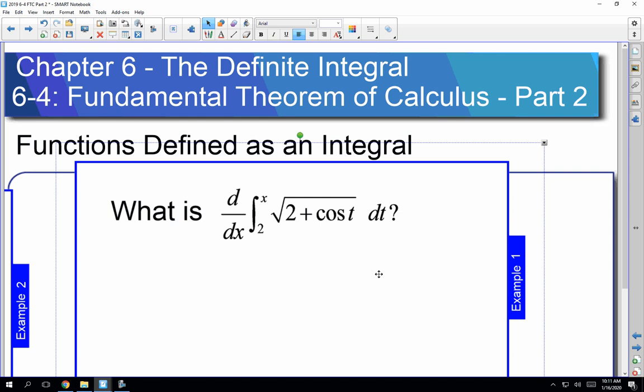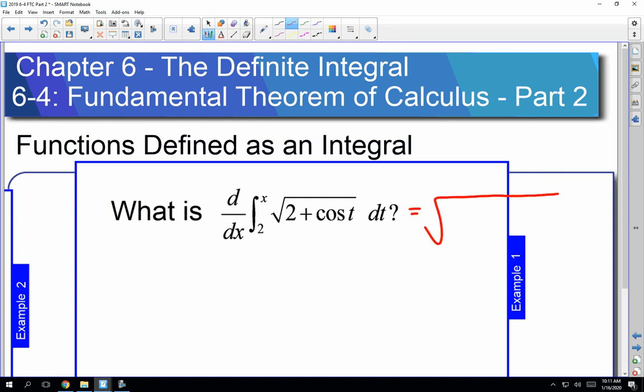So what is d dx of the integral from 2 to x of the square root of 2 plus cosine of t dt? What does that equal? It equals the square root of 2 plus cosine of x, the only thing it changes here is x.